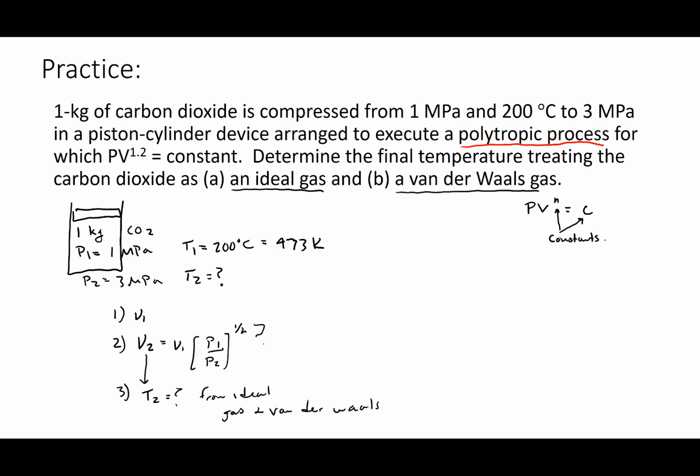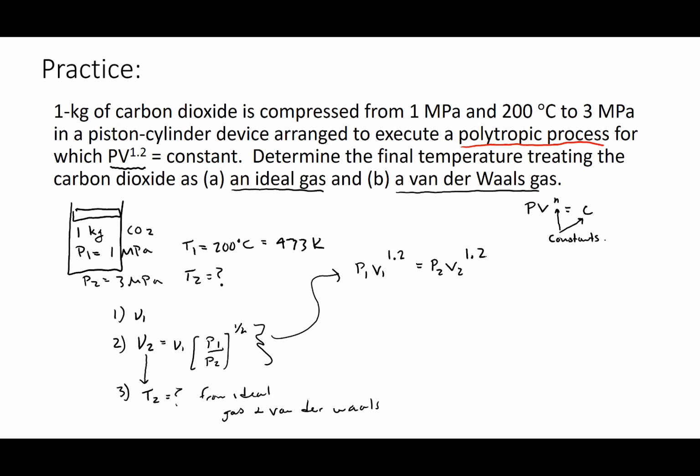How did I come up with that relation? Since this is a polytropic process, PV to the 1.2 is equal to a constant. So I know that P1 V1 to the 1.2 is equal to P2 V2 to the 1.2.